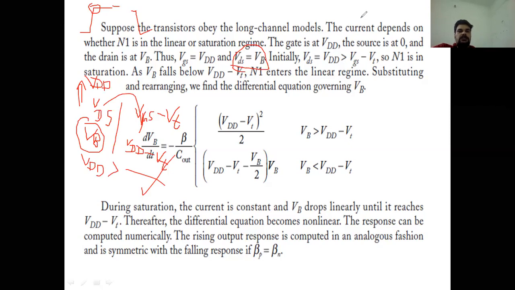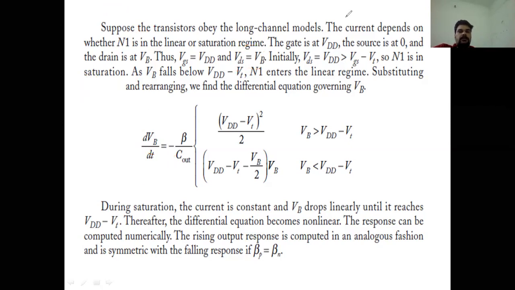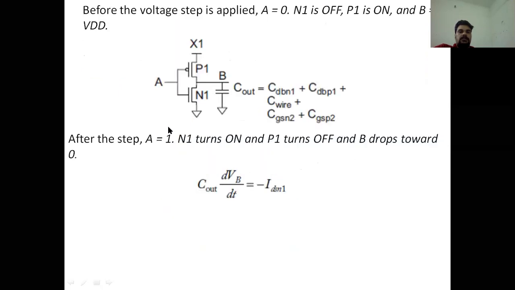So for the case of saturation region, I will just replace the value of IDS1 with the saturation equation. So what is the saturation equation?